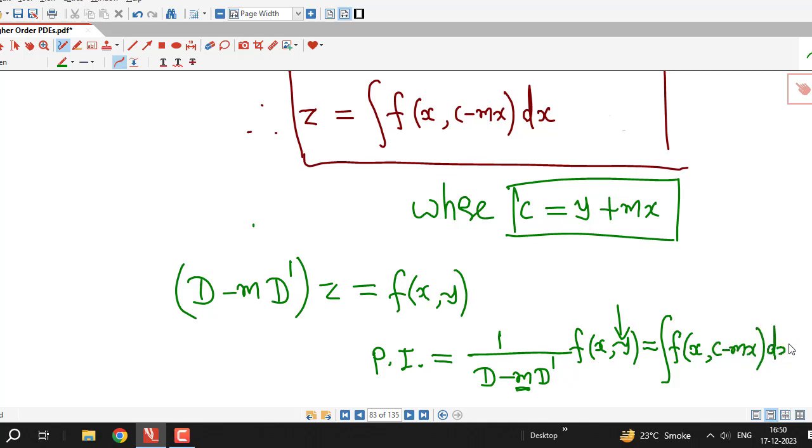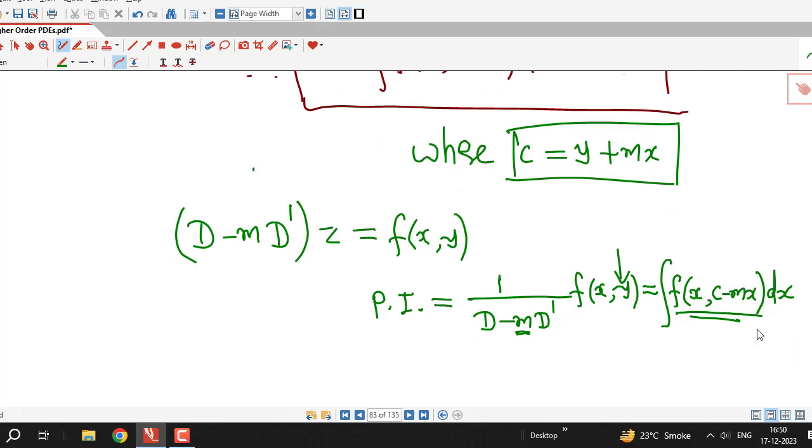If we replace y by c minus mx, this becomes a function of x only, that we integrate with respect to x, and after integration we will replace c by y plus mx.